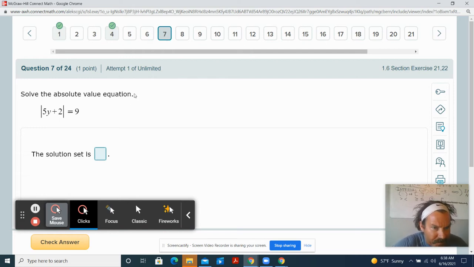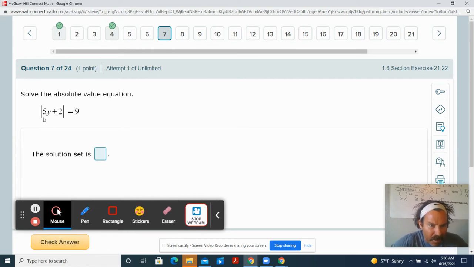Okay, so let's see this right here. What's inside the absolute value sign? That's got to equal 9. That entire thing right there. That entire thing, 5y plus 2. That's got to equal 9 because the absolute value of 9 is equal to 9.